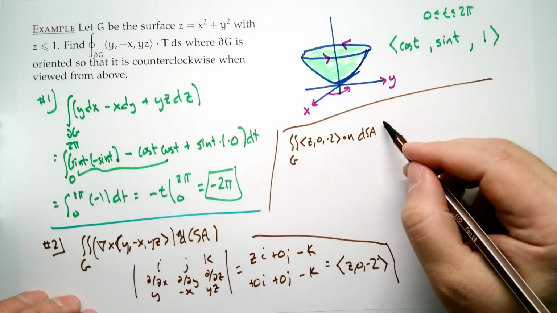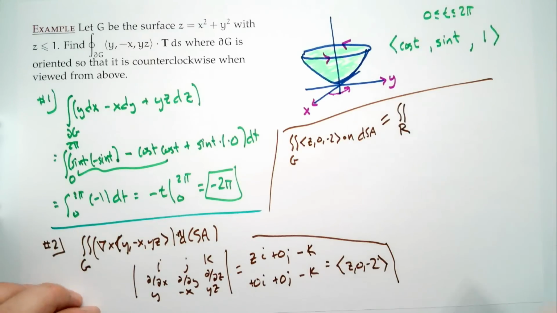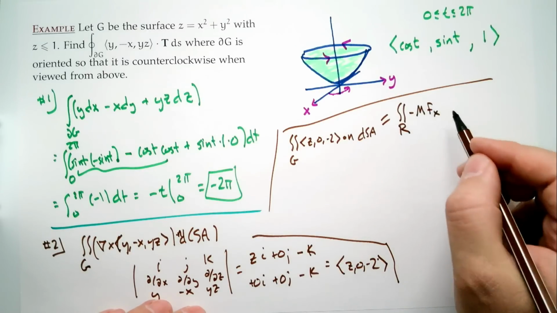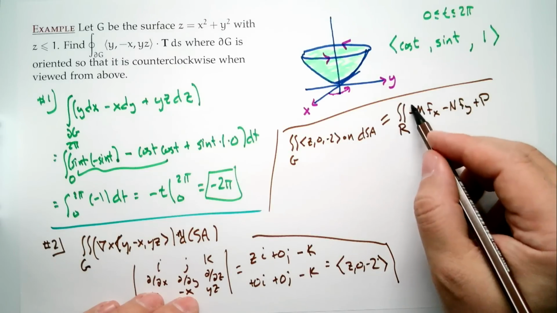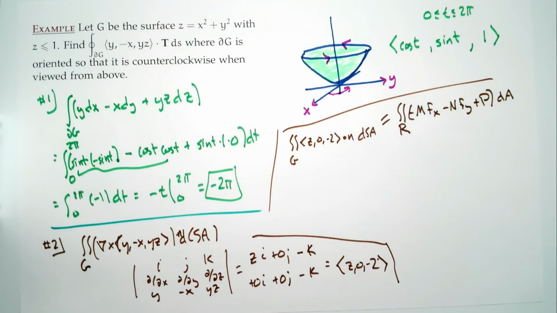This is equal to the integral over our region R of, well, I'll write the formula, minus M fx minus N fy plus P dA. Well, that is true as long as what? The question is, do we have upward pointing normals? We haven't talked about the surface yet. Which way do the normals point?